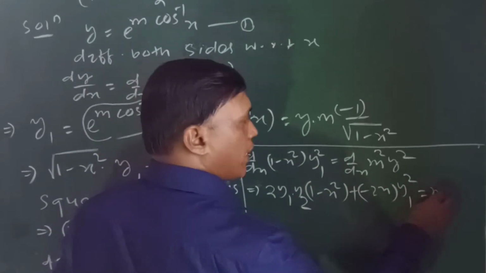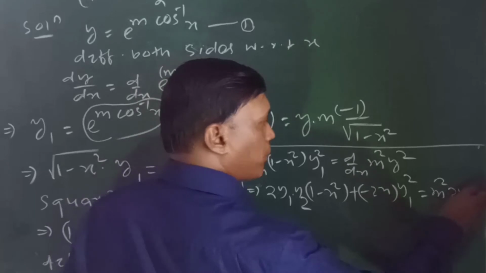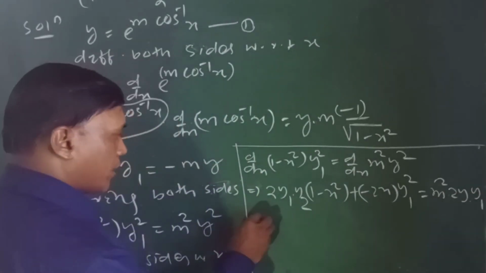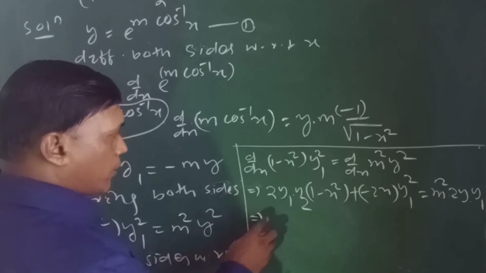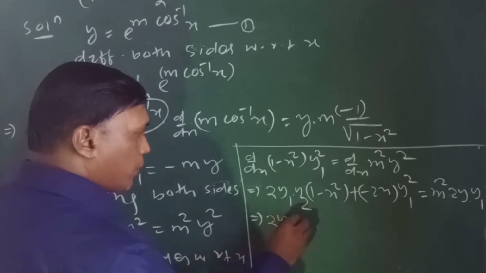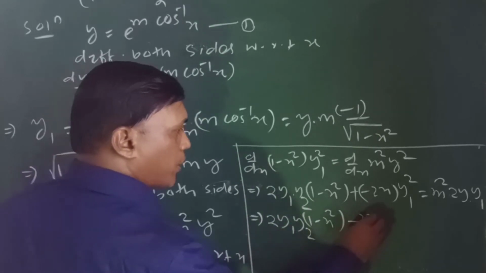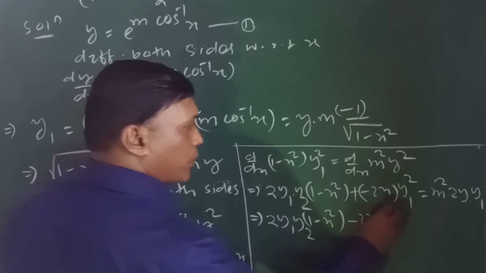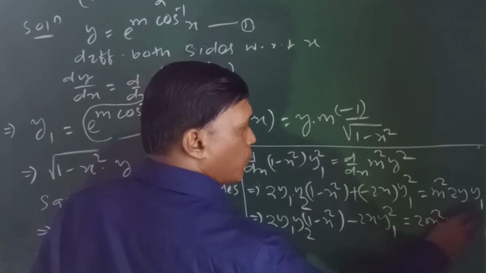M square is a constant and the derivative of y square is 2y into the derivative of y. The derivative of y is y1, which implies this is 2y1 y2 into (1 minus x square) minus 2x y1 square is equal to 2m square y y1.